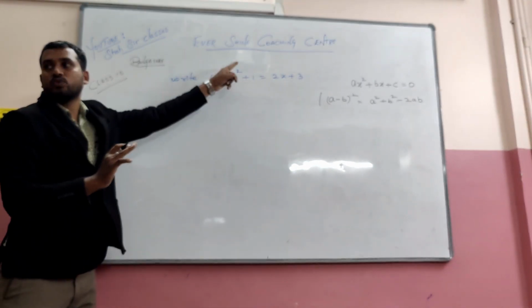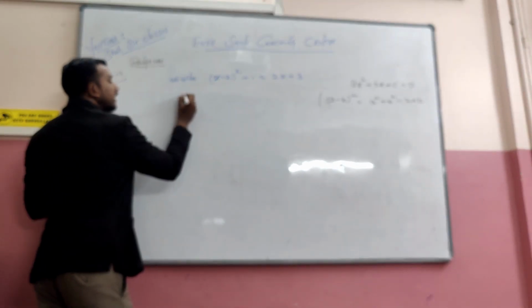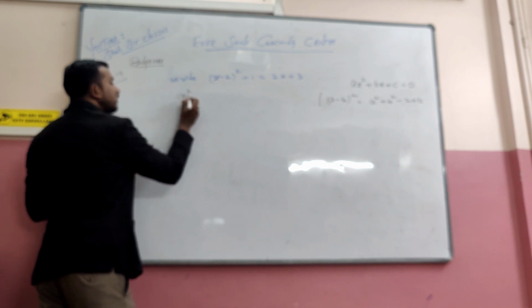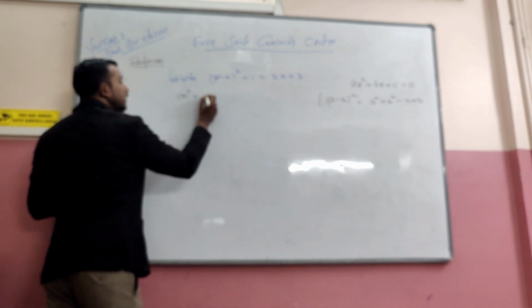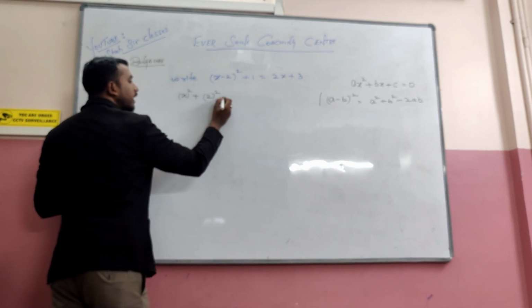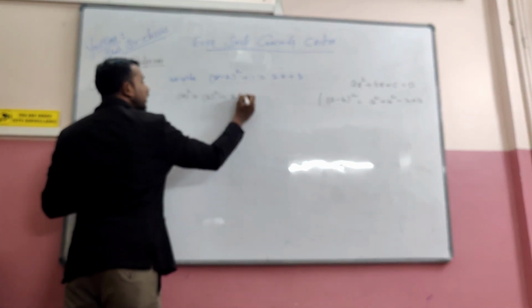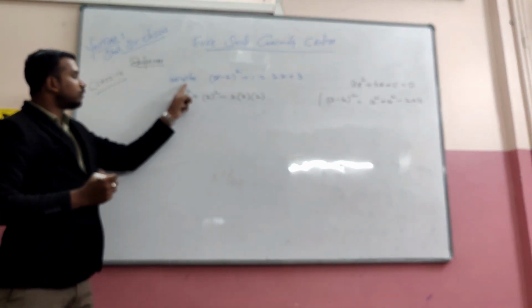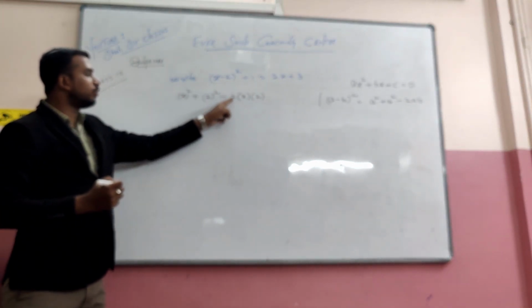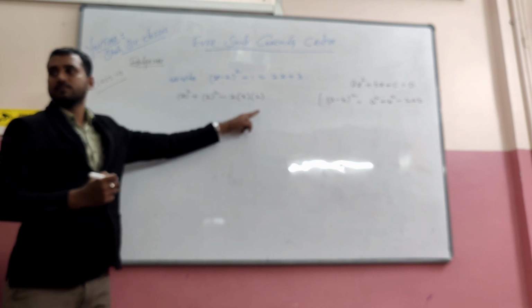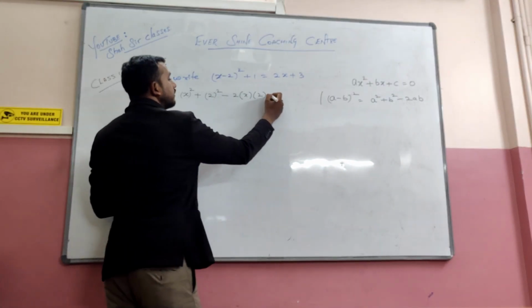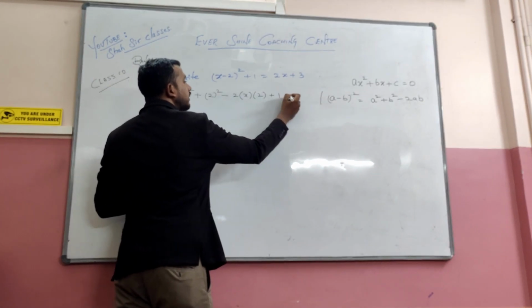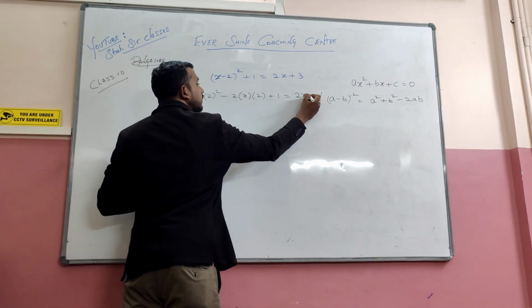Shall we apply this identity here? (x minus 2) whole square: a means x, a square plus b means 2, square, minus 2 into a into b, plus 1 equals 2x plus 3.